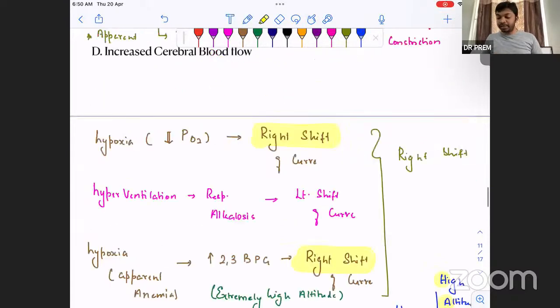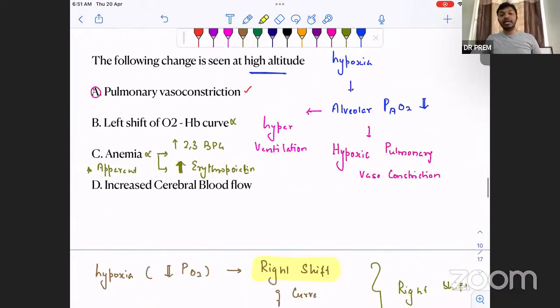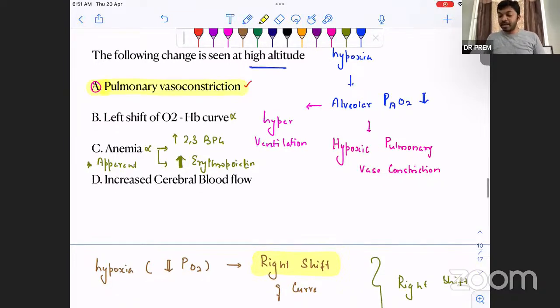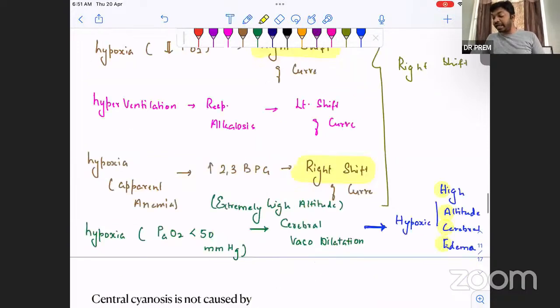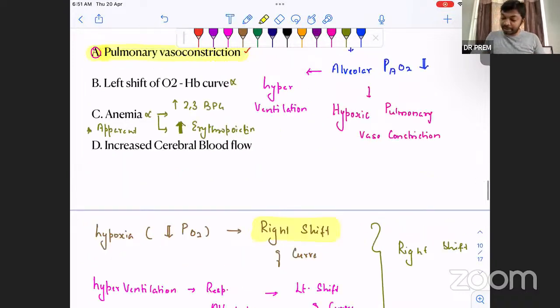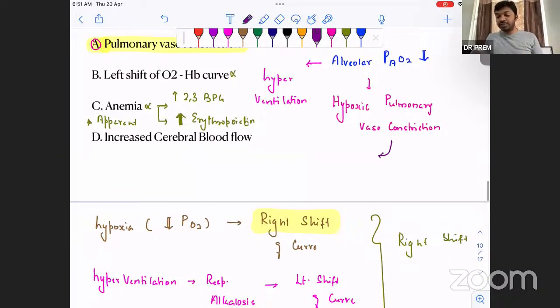So even though increased cerebral blood flow is a possibility, we can't make it the right answer because it is rare and pulmonary vasoconstriction is very much common. Which is why we have chosen pulmonary vasoconstriction as the best answer for this question. In the same way, if hypoxic pulmonary vasoconstriction becomes very severe, this will also lead to edema, and this is called high altitude pulmonary edema.